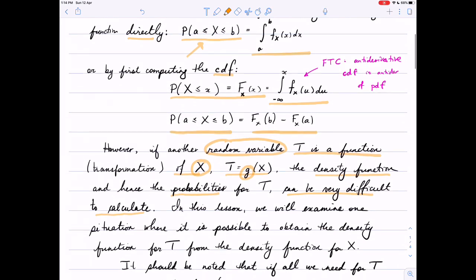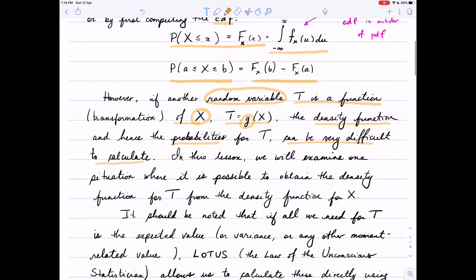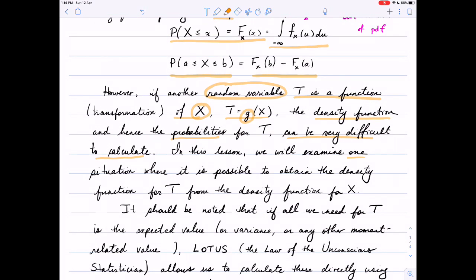However, what we're going to do is look at one situation in particular where it is possible to obtain the density function for t. And if it's possible to obtain the density function for t, it's possible to calculate probabilities for t.